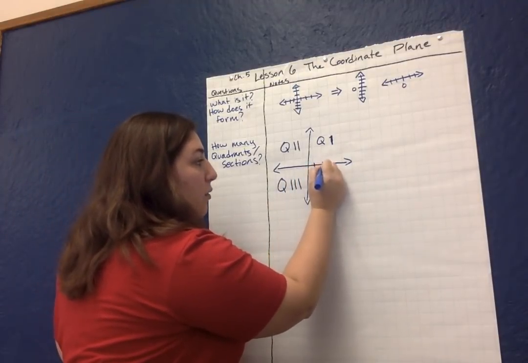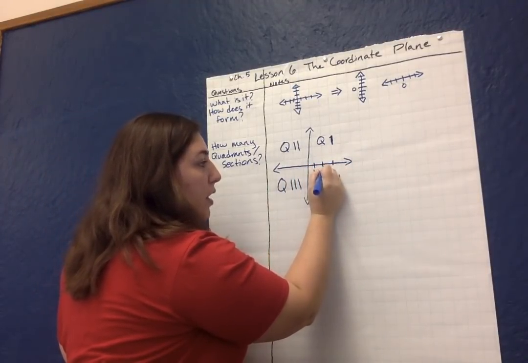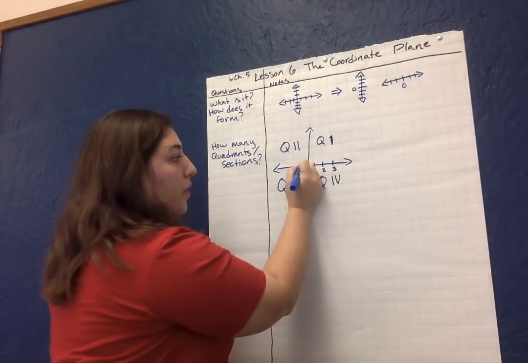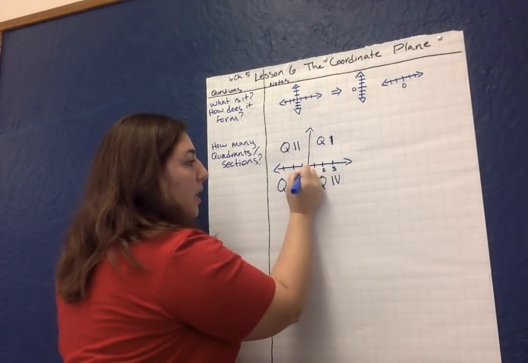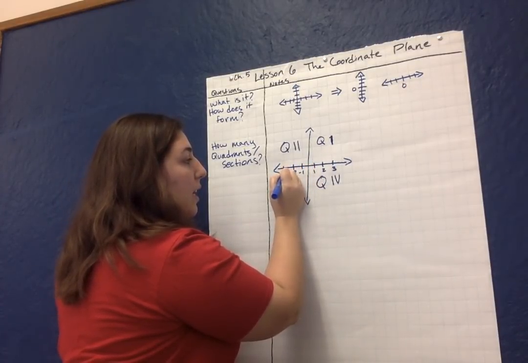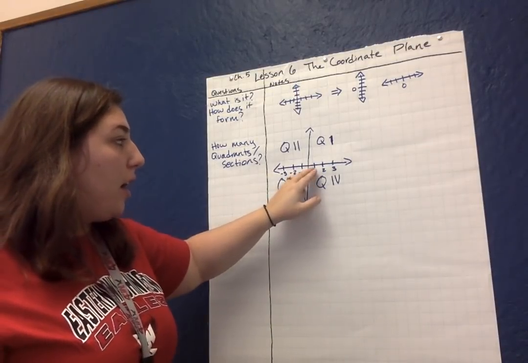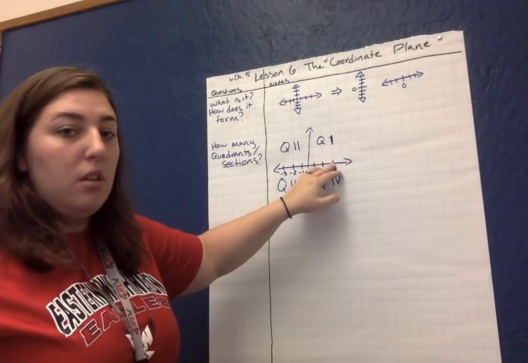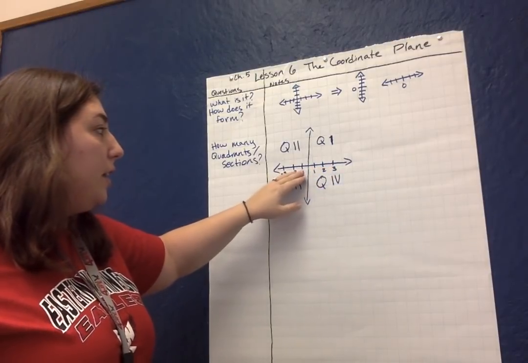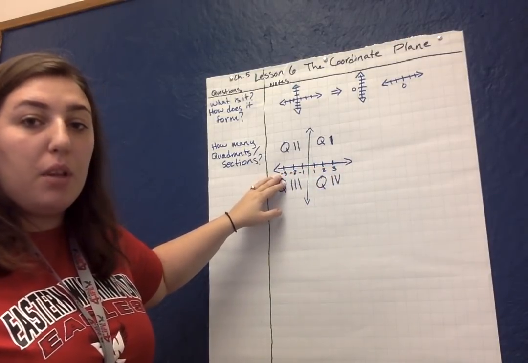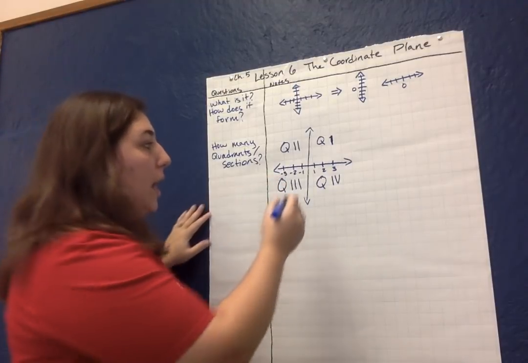And on this side, we have all positive numbers, right? 1, 2, 3. Over here, we have all negative numbers. -1, -2, -3. Okay, so any dot plotted on this number line will be positive. Any dot plotted on this side of the number line will be negative. Well, how about up here?